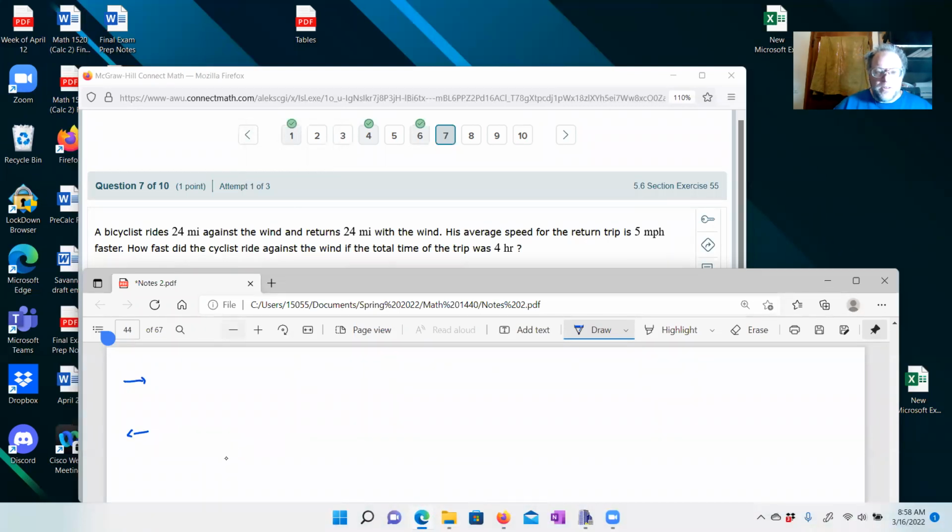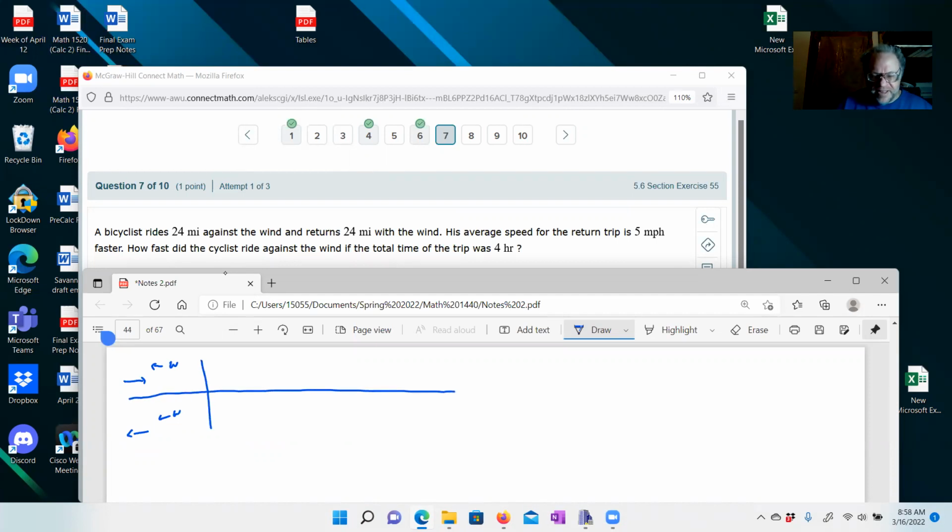So on the one, actually, I'll put this backwards. So the wind, so we know what's going on. Again, we have D equals R times T. It's 24 miles against the wind and returns 24 miles with the wind. The speed for the return trip, going with the wind, is 5 miles per hour faster.